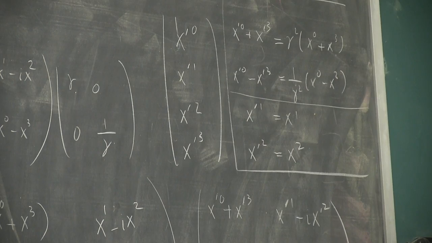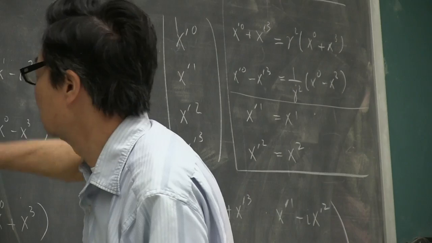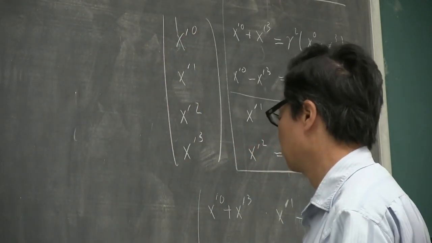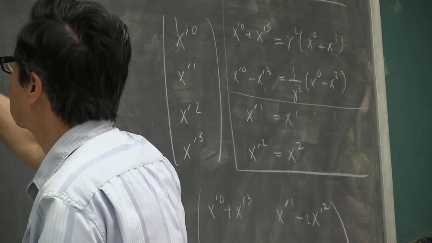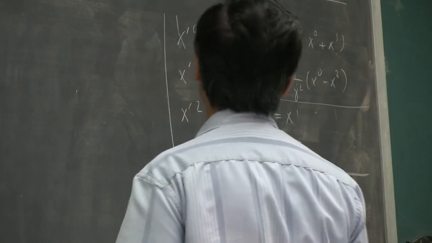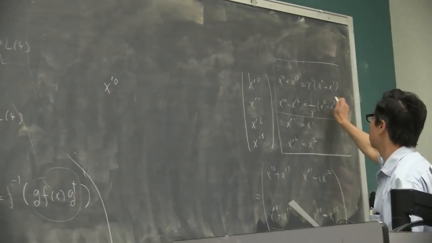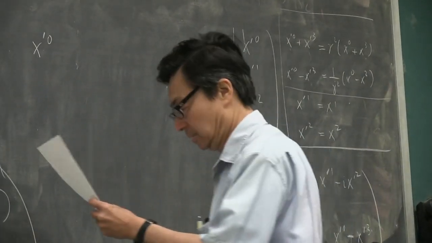Doing that, you arrive at this simple result. It's just a simple algebra problem. You find solving those two simultaneous equations, solving for x prime 0 and x prime 3 in terms of x0 and x3. So you add and subtract those equations and so on, okay?